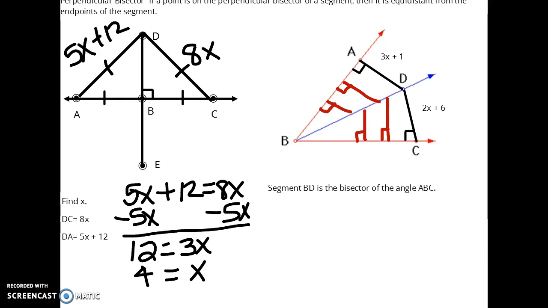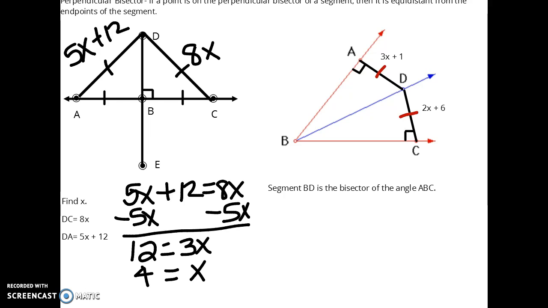It also becomes equal distance apart provided that they're coming from the same point. For example, let D be a point on the segment bisector BD. If we draw a line from D to A and from D to C, we know that these two angles are congruent. They are coming from the segment bisector from the same point.